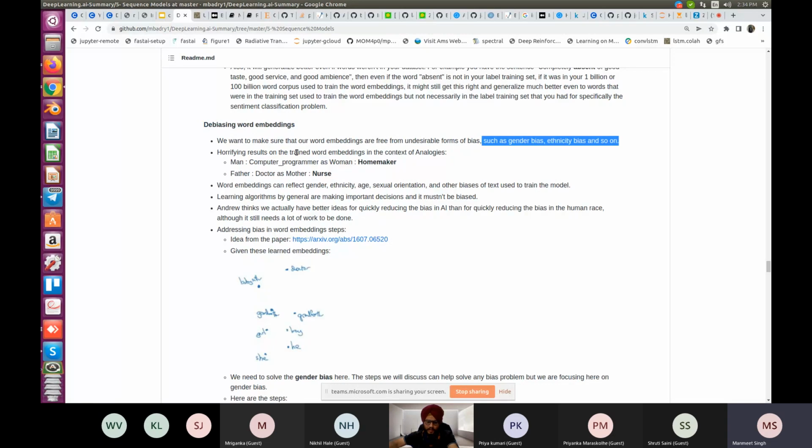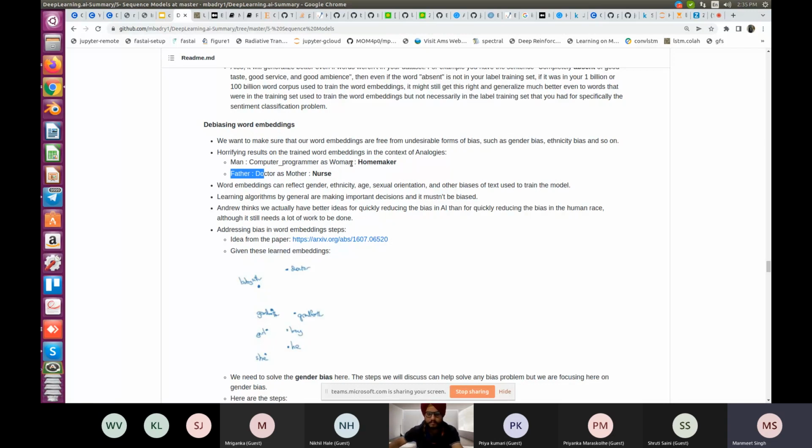Some of the analogies, for example, man is to computer programmer. Now, if you ask your model woman is to, and it gives homemaker, that's a gender bias. And for example, father is to doctor as mother is to, and if the model gives nurse, that's also a gender bias, because a mother can also be a doctor and a woman can also be a computer programmer.